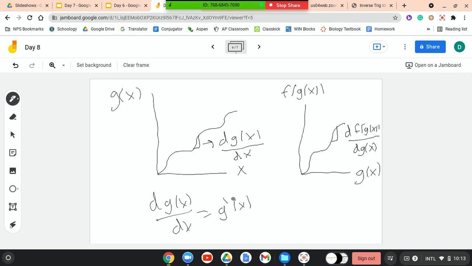Yeah. Cool. So this is actually really useful, because we could rewrite dg of x as g prime of x times dx, just by multiplying both sides by dx.